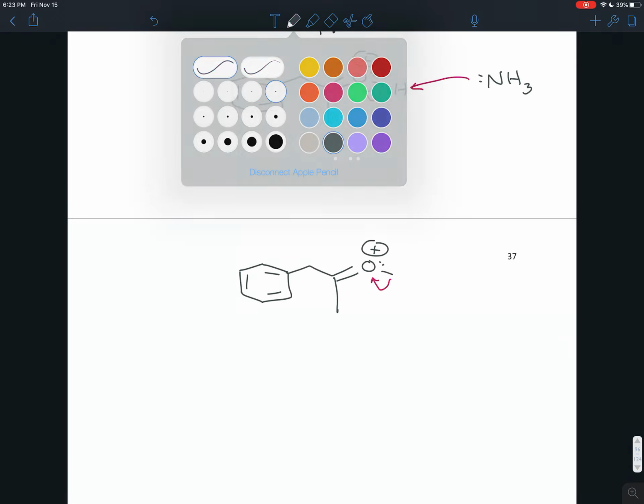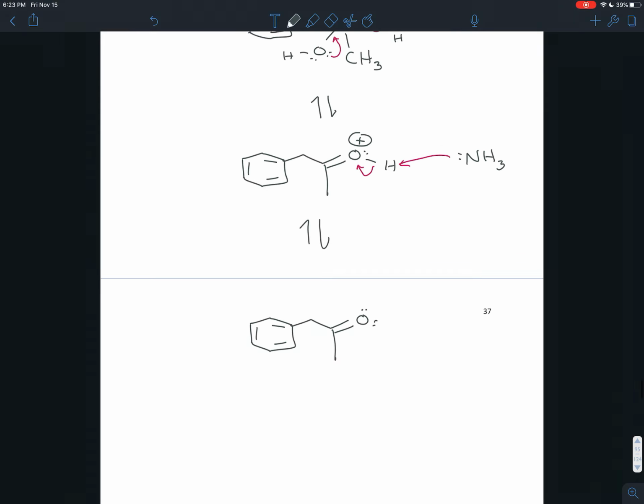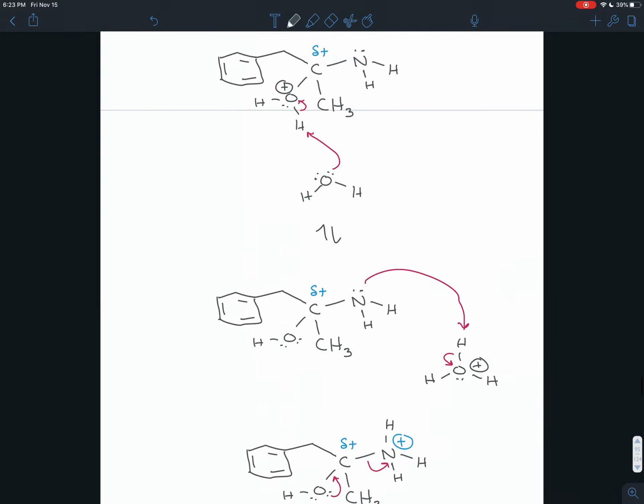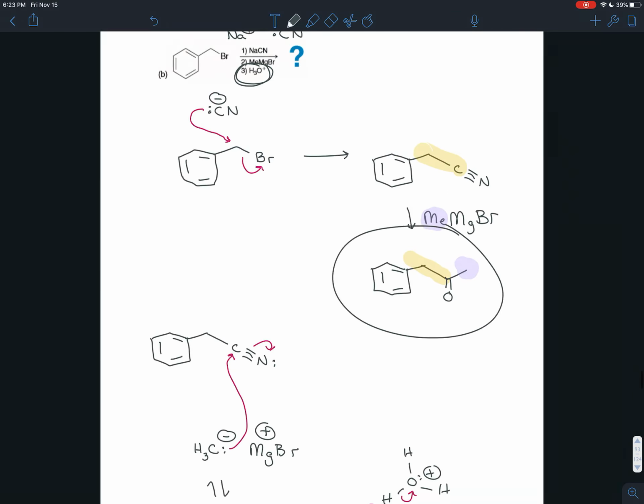So that's kind of a review from last chapter, where we drew the mechanism for imine formation, but every step in that was reversible. And so if you have an imine, you can treat it with an acid and it will turn into a ketone. And you can see that that is the ketone that we predicted above.